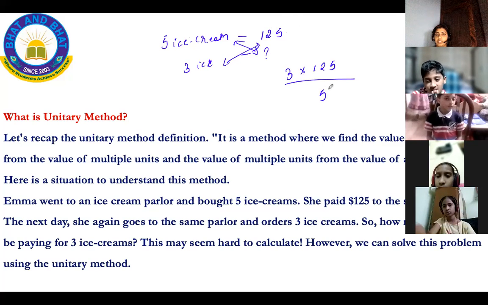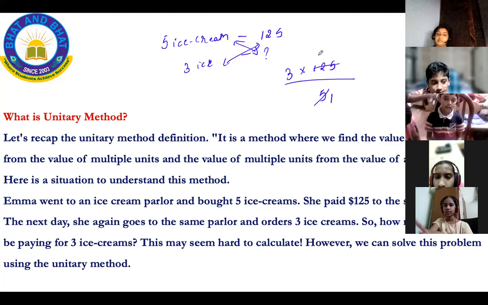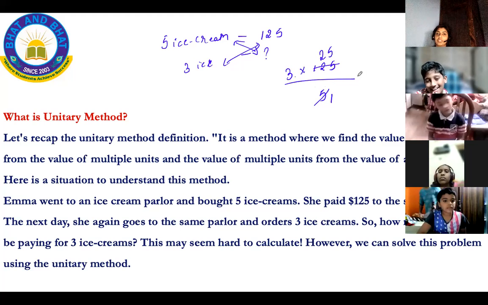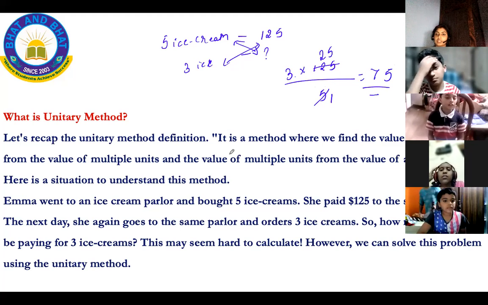So 5 ones are 5, 5 twos are 10, 5 twenty-fives are 125. Correct? Now 3 into 25 will be equal to 75. This is how we will find out the answer. Okay?